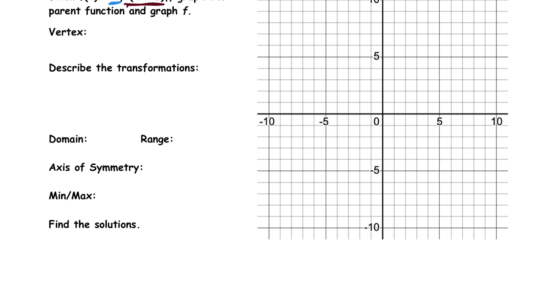Okay, first thing we would do is look for our vertex. What is our vertex in this thing? Perfect. Notice there's no k value, right? So it's just 3, 0. Now I'm going to draw a sketch of the parent because I want you to see what I'm going to do to the parent. That 2 is going to take your parent function, right?